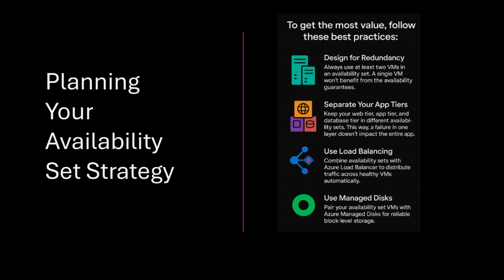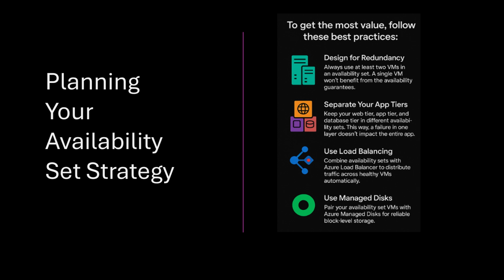Picture this. You are deploying a 3-tier web application. Your web tier has 2 VMs inside one availability set, while your SQL tier has 2 more VMs in a separate availability set. Each set is distributed across 2 fault domains, meaning your VMs are placed on different physical racks.